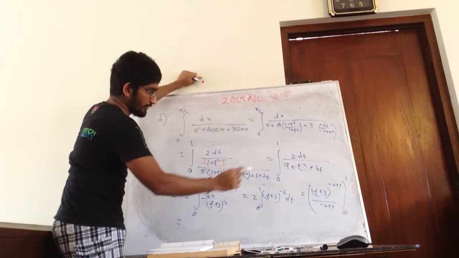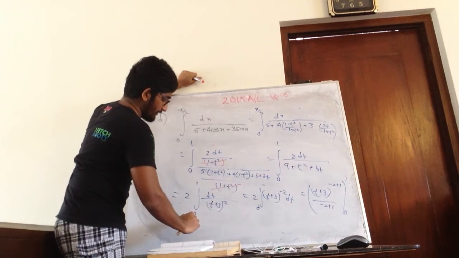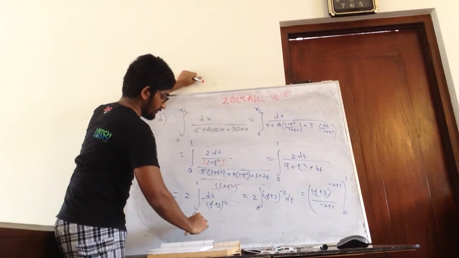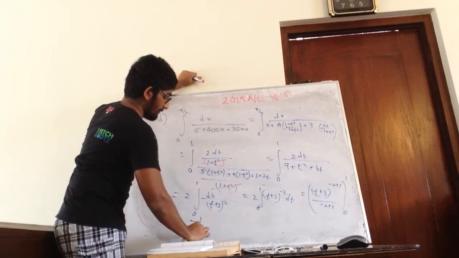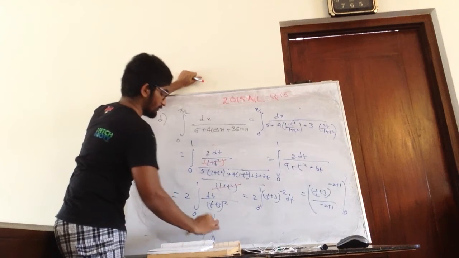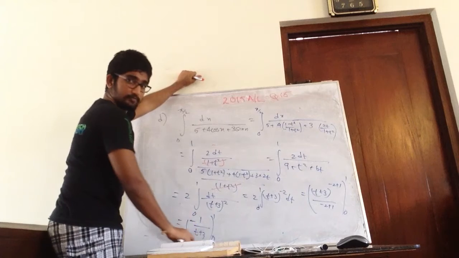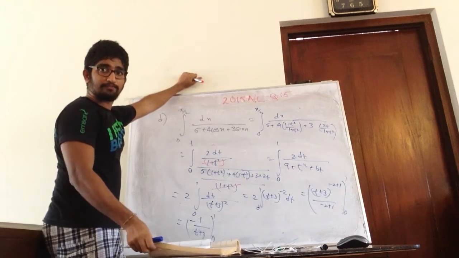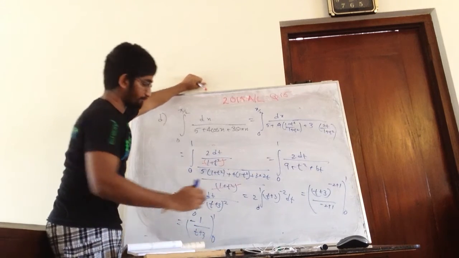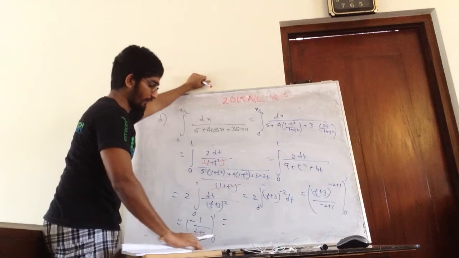So the answer will be minus, t plus 3, from 1 to 0.